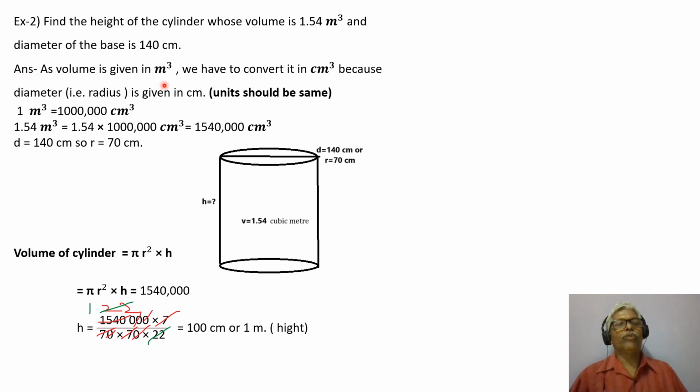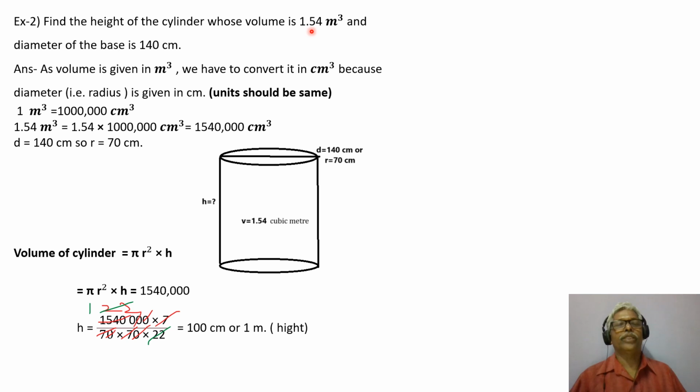As volume is given in meter cube here, we have to convert it into centimeter cube, because the diameter, half of which will be the radius, is given in centimeters. Units should be the same. Of course you can convert this into meters, but that will be complicated.